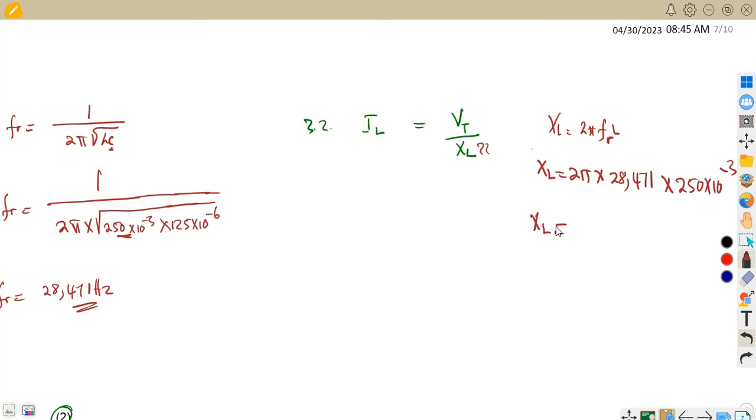This is going to give us XL of 44.722 to 3 decimal places, measured in ohms.